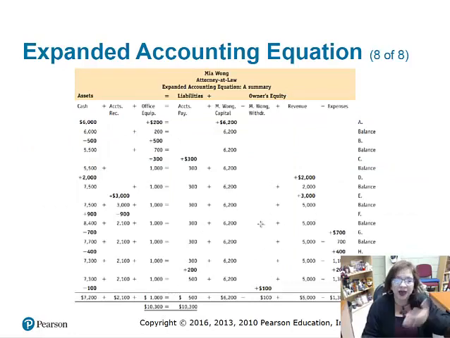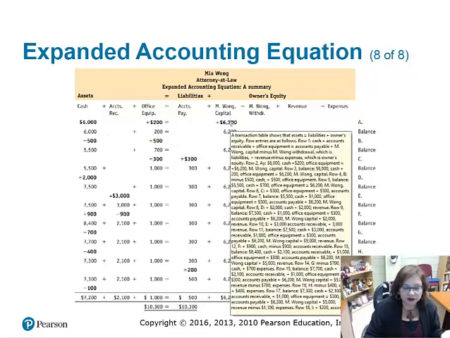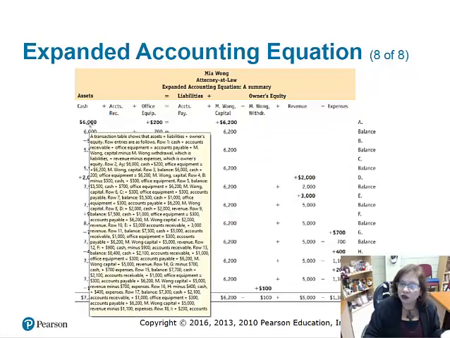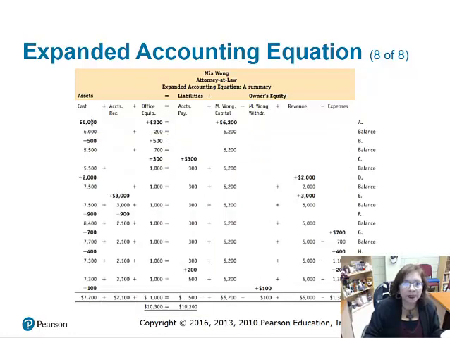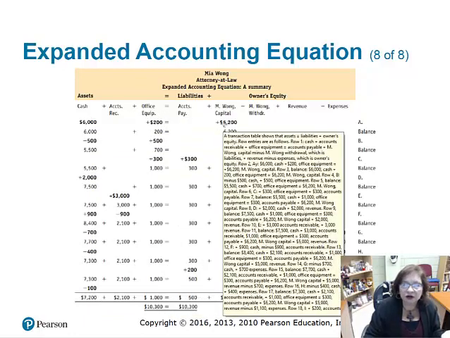So this is the expanded accounting equation. This is something that you're going to see in your homework, okay? Where you did your first transaction, where she started up the business, okay? $6,000 in cash, $2,000 in equipment, and the $6,200 for the amount that she's got total.